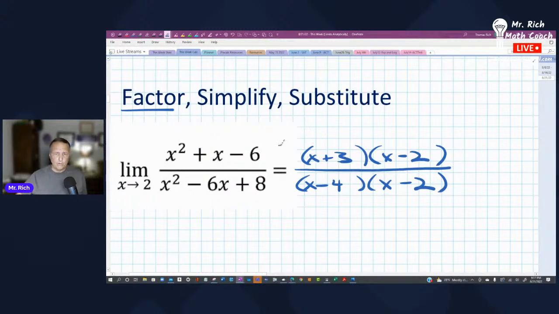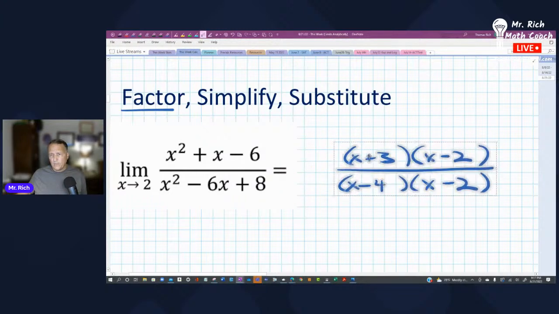And also, I have made a mistake here that I'm going to correct: since I haven't evaluated the limit, I do want to carry over my limit here. This has to be the limit as x approaches 2 of this thing. Now what I will do is cancel the x minus 2 factors and then try to resubstitute.